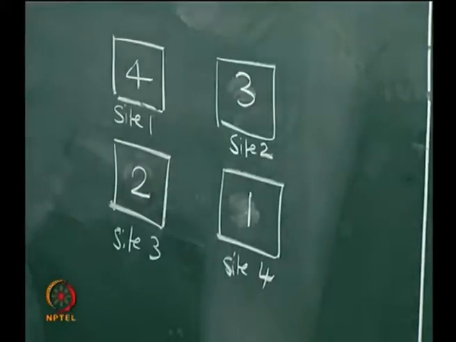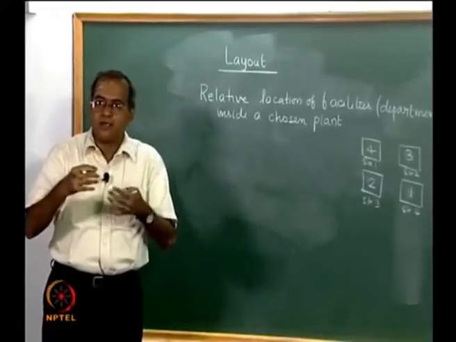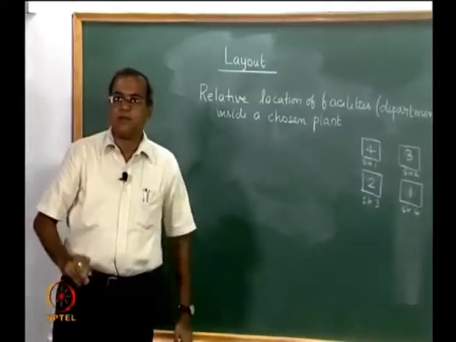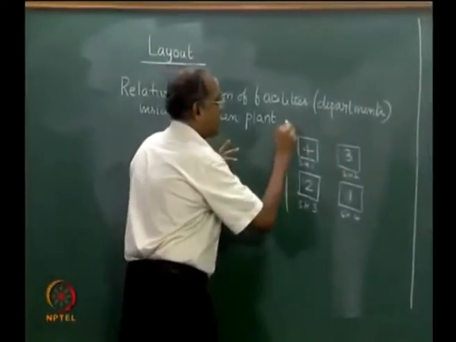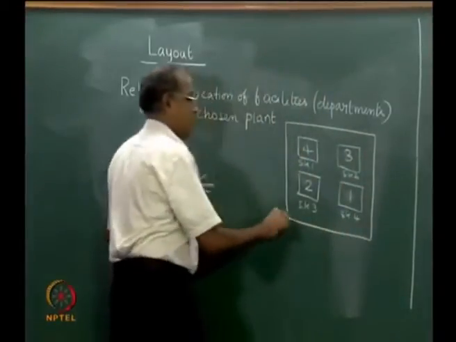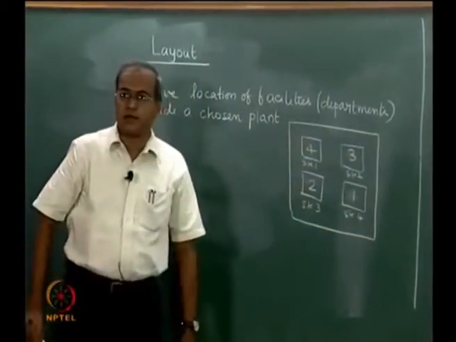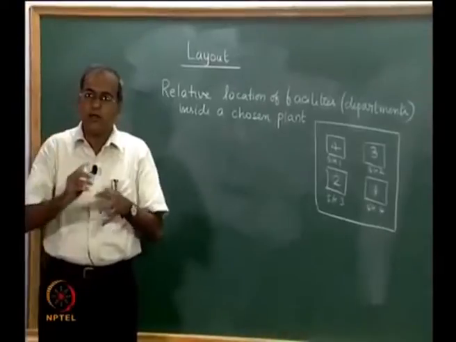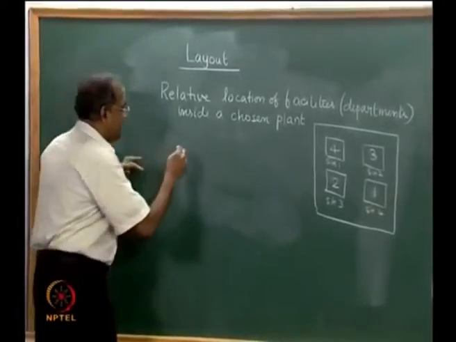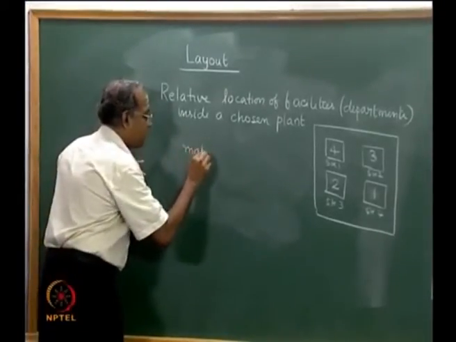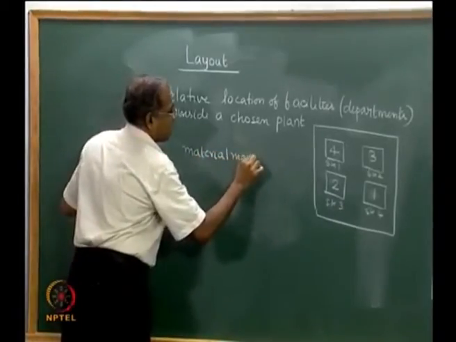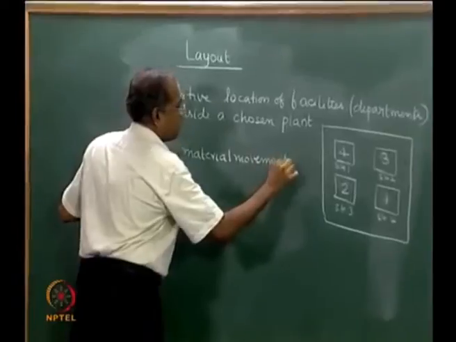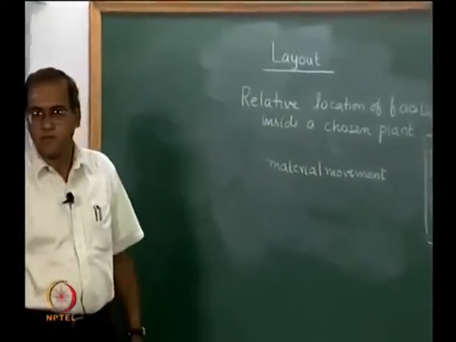Now, why are we concentrating so much on the relative location? The reason is, let us say this is the overall facility and 4 departments are located. What we assume in all layout problems is that there will be a material movement among the departments.